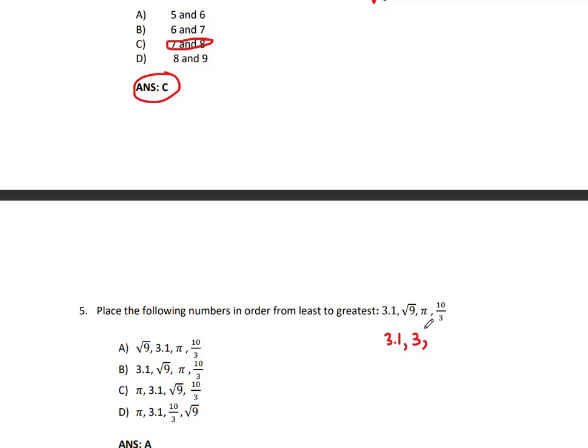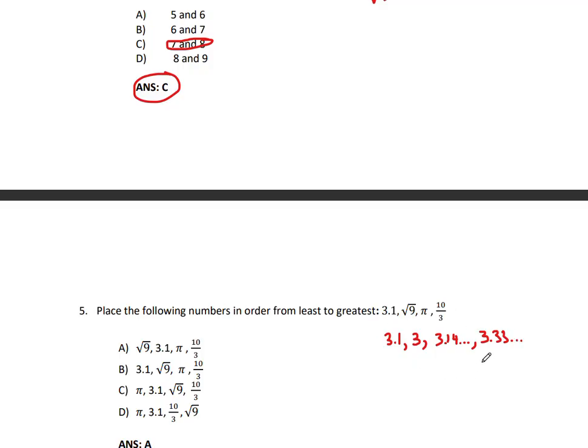We said earlier that pi is approximately 3.14. And 10 divided by 3 gives us 3 and a third, or 3.33 recurring.